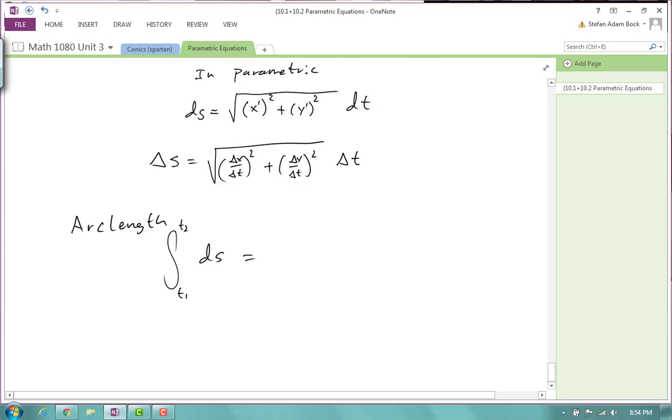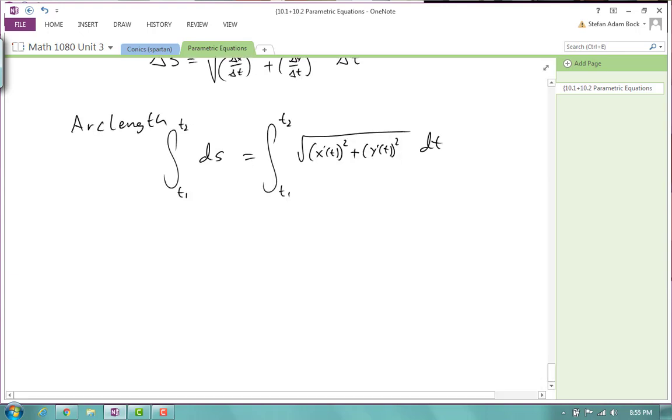But since ds only has one form, because we don't have to solve for any functions in terms of other variables, this is just the integral of the square root of x prime of t squared plus y prime of t squared dt.